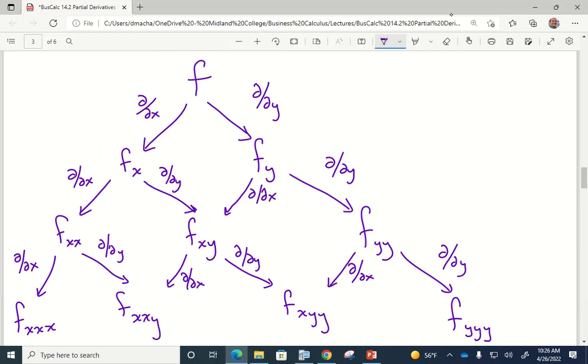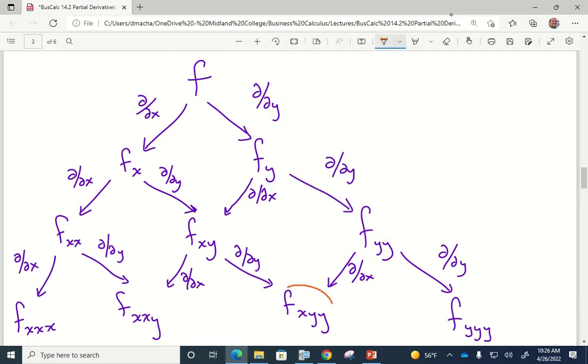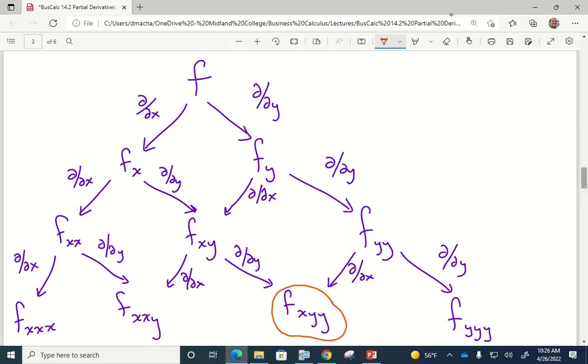So if you have some goal, like if you say to yourself, I really want to take the third derivative of this function, one of my derivatives is going to be the partial with respect to x, and then the next two are going to be the partial with respect to y. There's actually multiple ways to calculate that. You could say, I'm going to calculate this derivative, and then this derivative, and then that derivative. Or you could say, I'm going to go here, and then here, and then here.